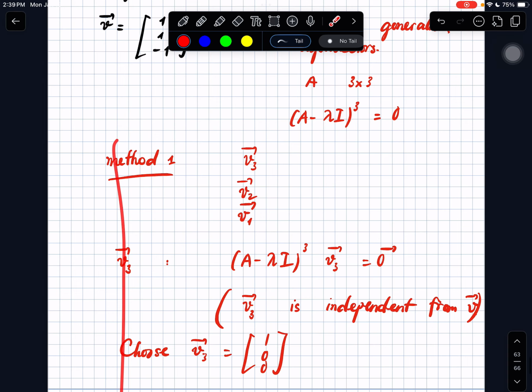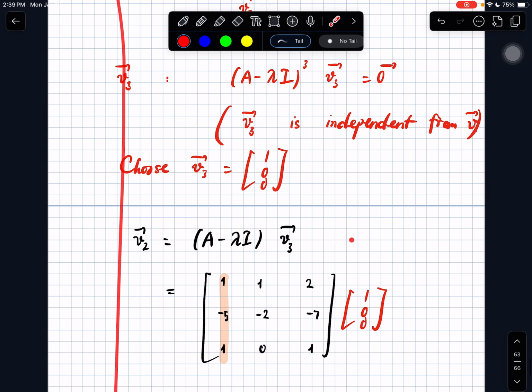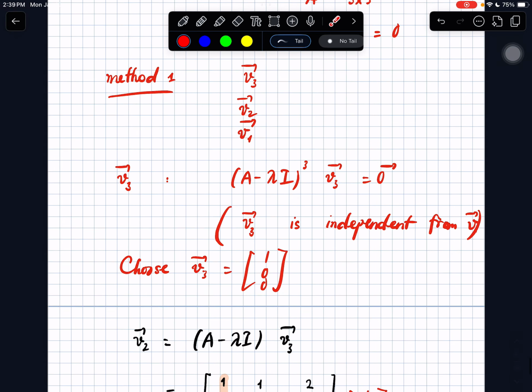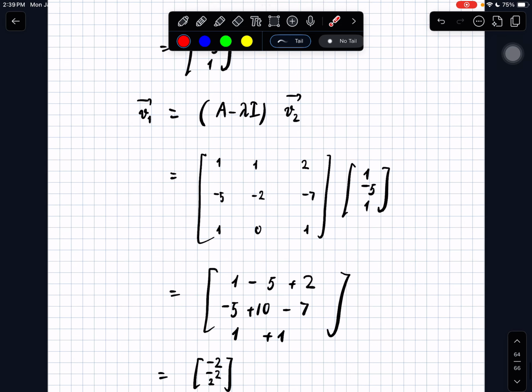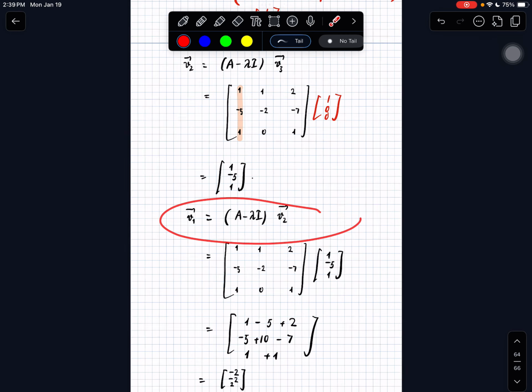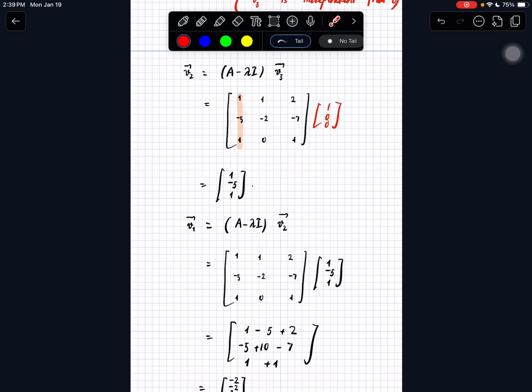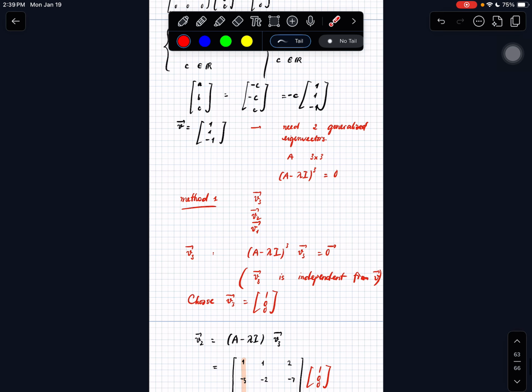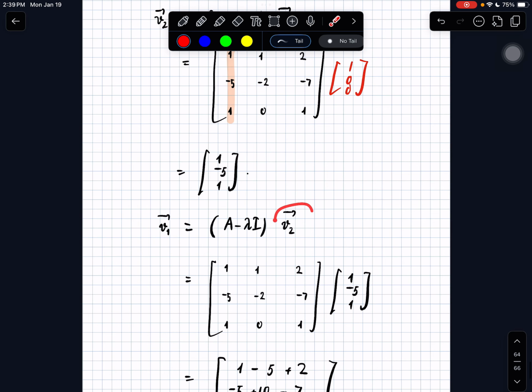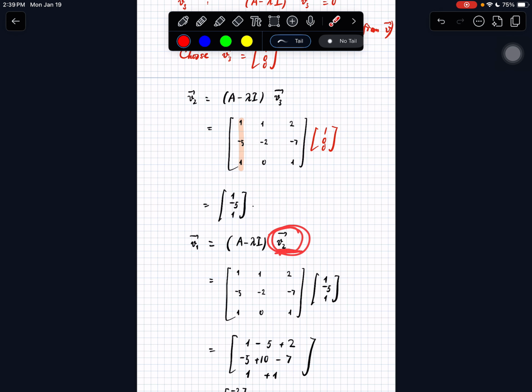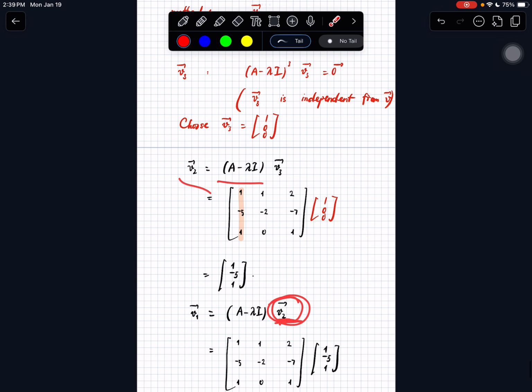Method 2, we use, for example, a formula right here. Since we have v1 equal to v here, 1, 1, minus 1, we can find v2, and then from v2 we can find v3.